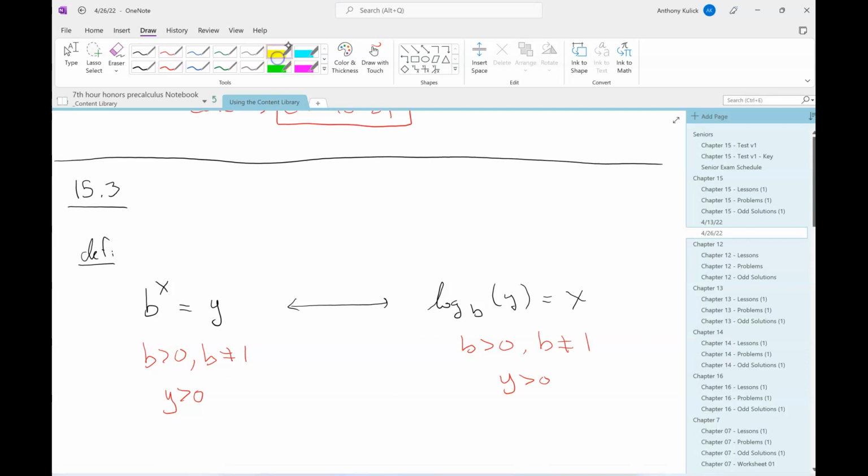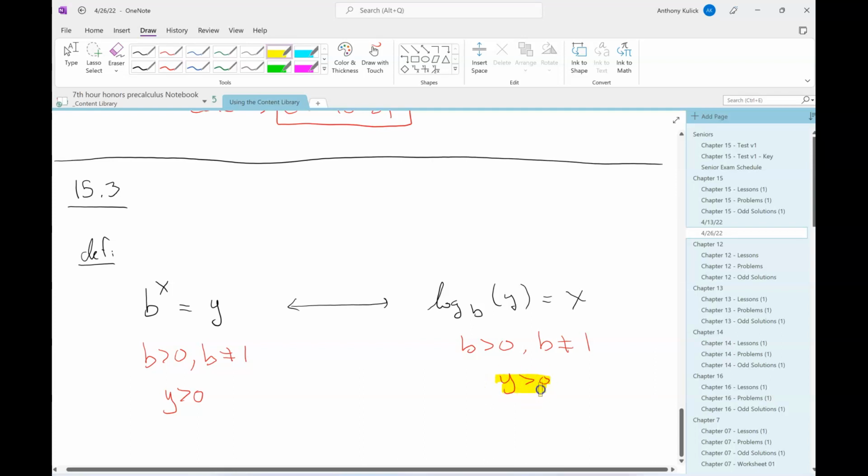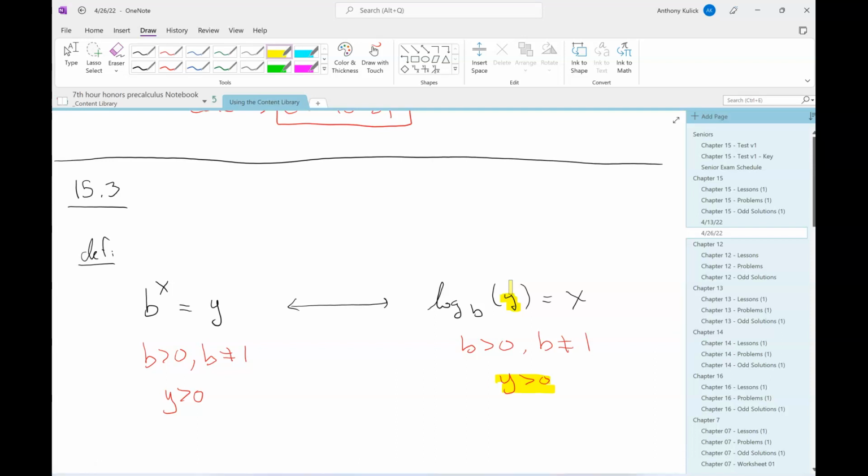The piece that's really important for us with regard to logarithms is that b has to be positive. What that's saying is that you can't take the logarithm of a number that's not positive. So log of 0, undefined. Log of a negative, undefined. That becomes quite important when we start using logarithms to solve things, so I want to make sure I highlight that now. Everybody's cool so far, though?